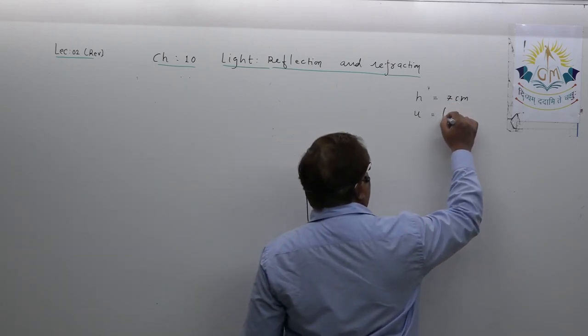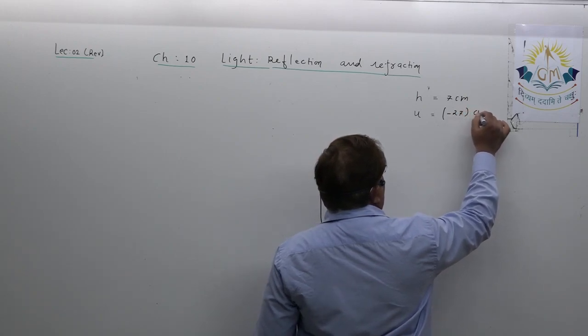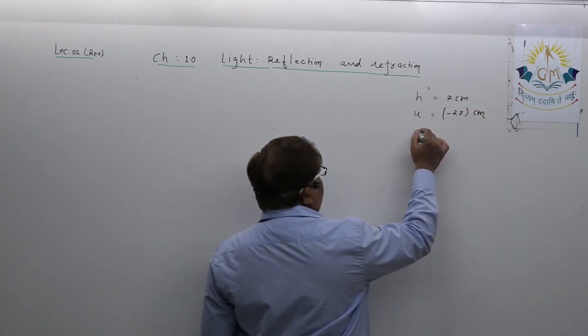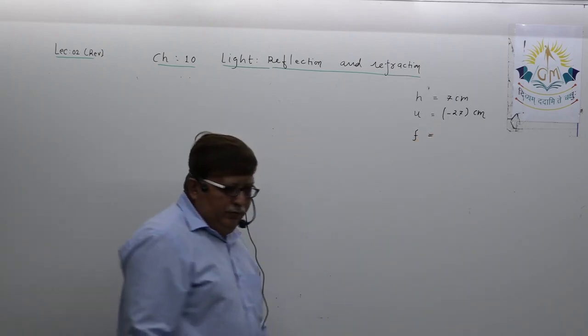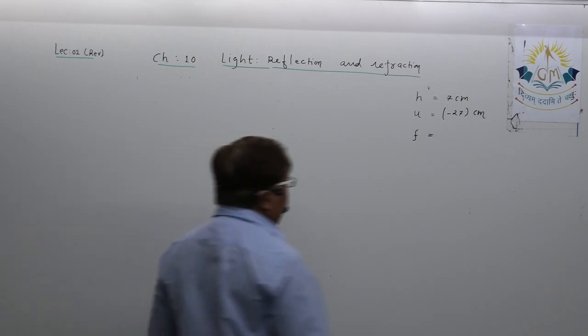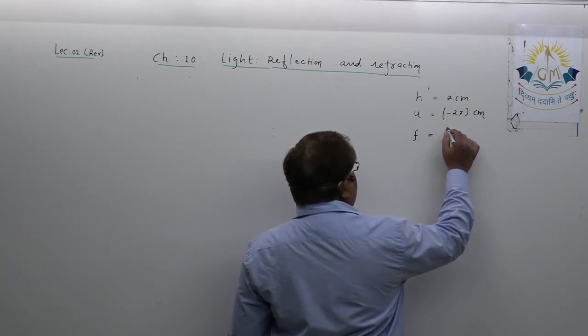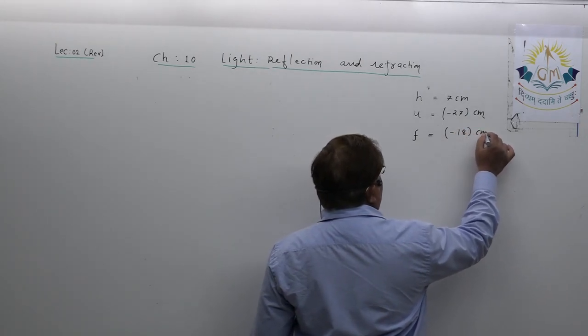Obviously, object distance is always negative, so minus 27 centimeter. Focal length is given, but because it is a concave mirror, obviously focal length needs to be negative.